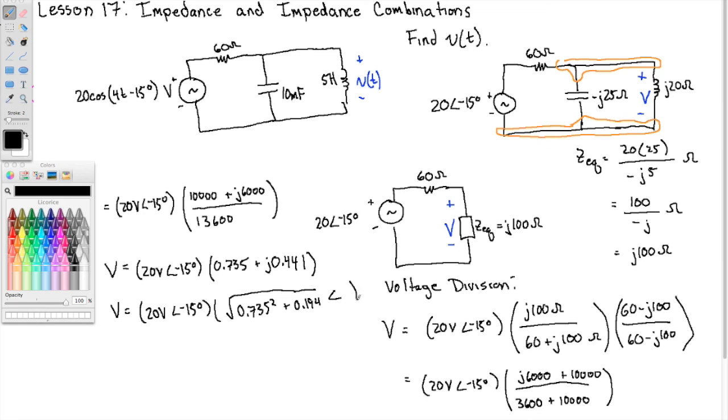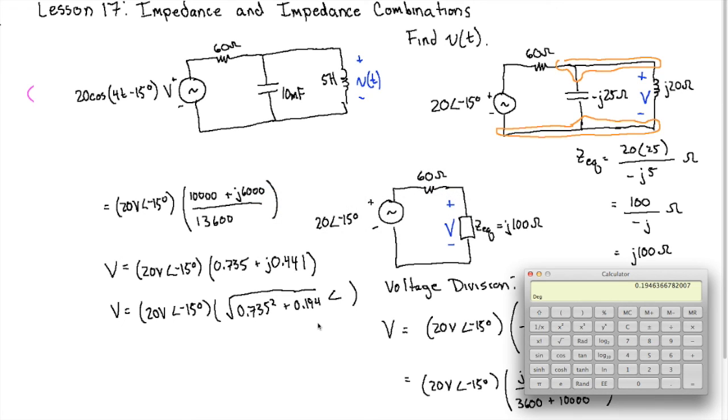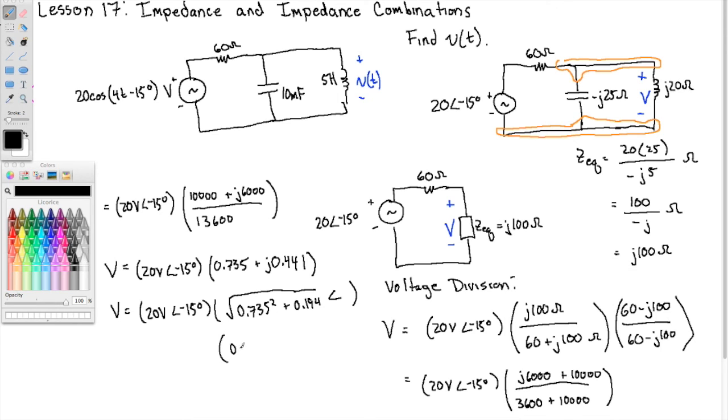And then 0.735 squared, and I'm going to add to that 0.194 and take the square root. Okay, 0.857.